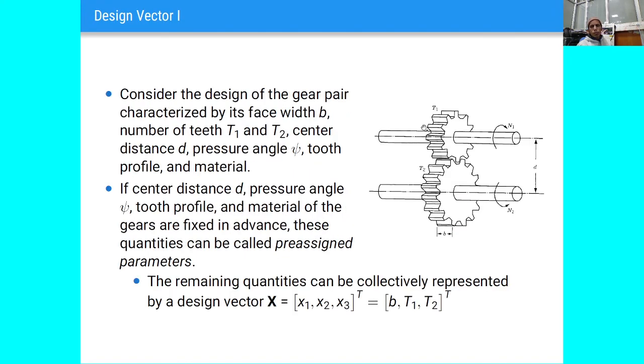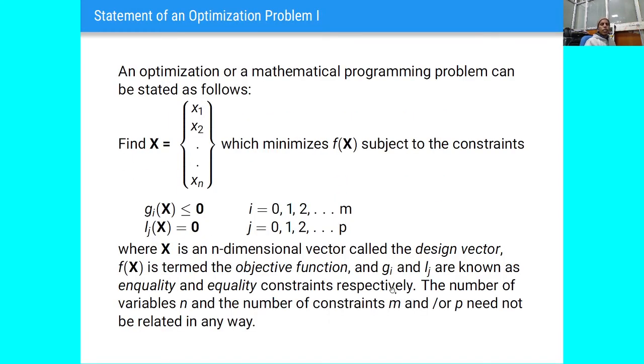In the case of this gear profile, what may be the constraint applicable to this process? B, the constraint may be B is always greater than 0. This face width should not be 0. So any value which is greater than 0 will be a constraint in the case of your teeth meshing. Okay.